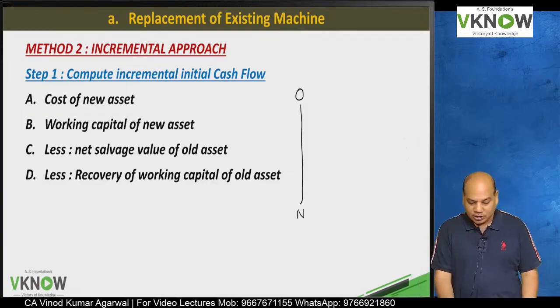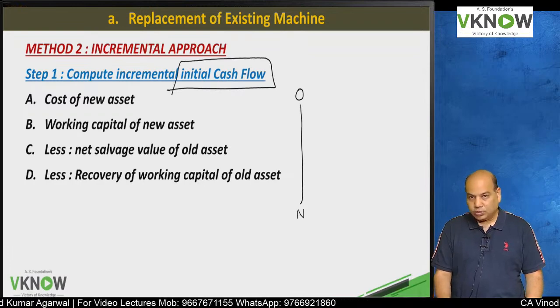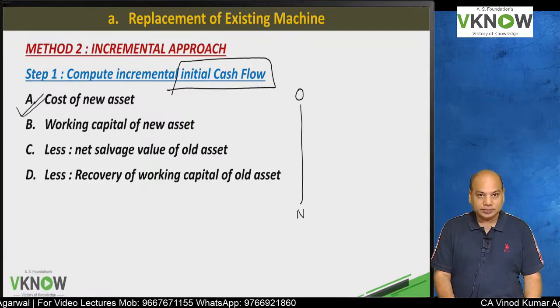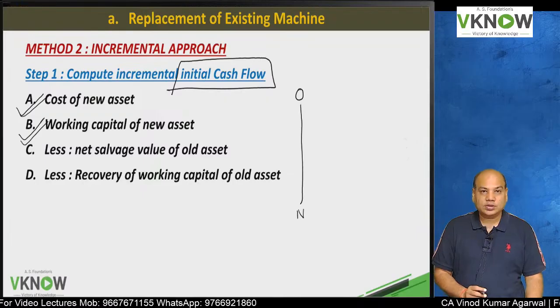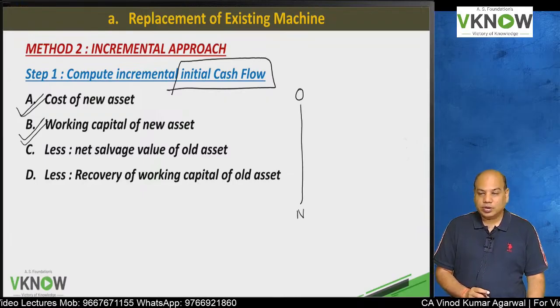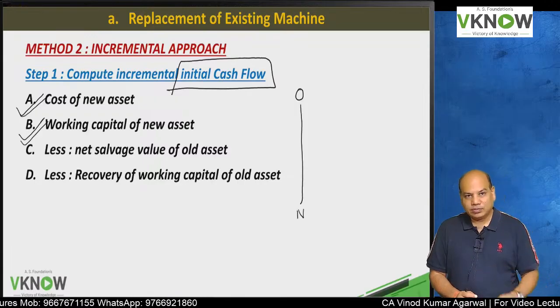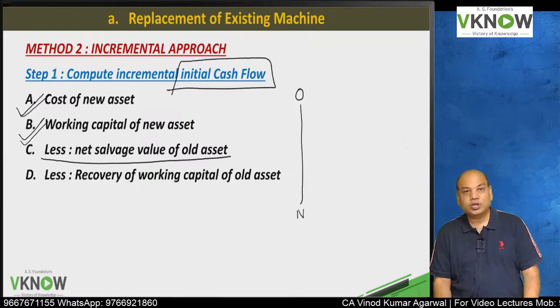For example, in year 0, what will be my incremental cash flow? Cost of the new asset, working capital of the new asset. But if I am going to replace the old asset by the new asset, then I will get the net salvage value of the old asset.